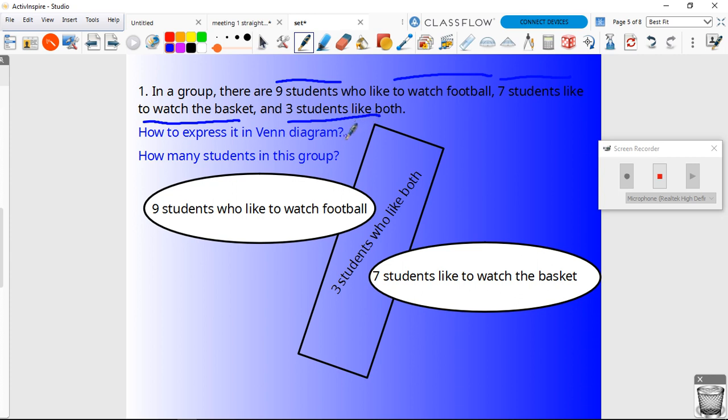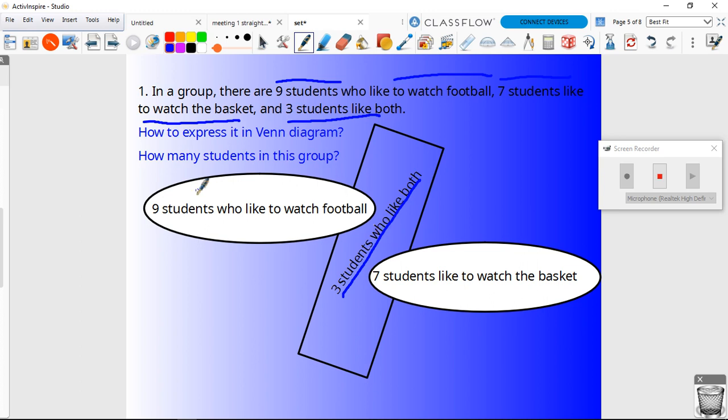It means these 3 students are actually from this football group and also this basketball group.